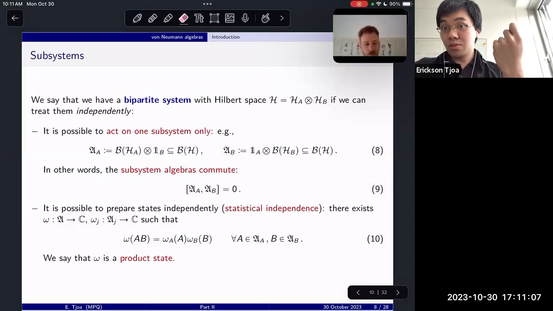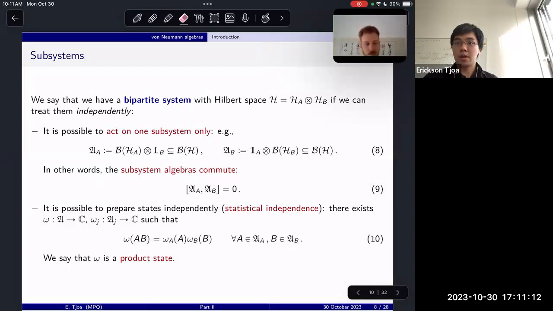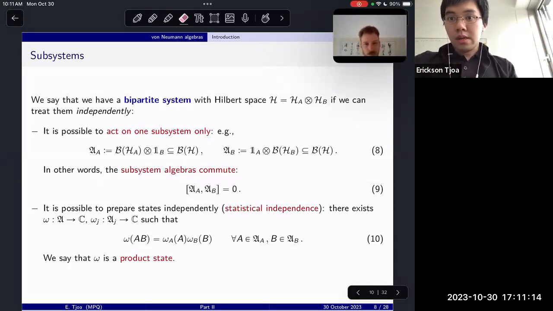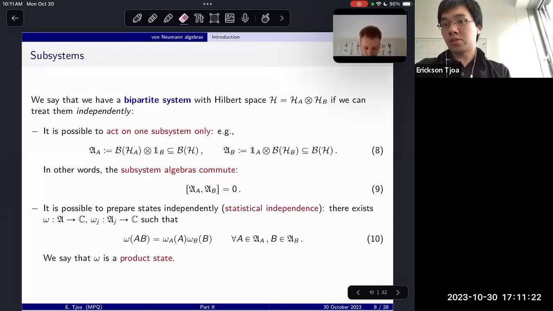Okay, in other words, you should be able to prepare what we call a product state on the joint system. If you want to, of course, you can also prepare a classically correlated state, in which case you just generalize equation 10 to a summation over mixtures of probabilities, and this can be done. But the crucial thing is that you must be able to do this if you want to make a notion that you have a bipartite system that is completely independent.